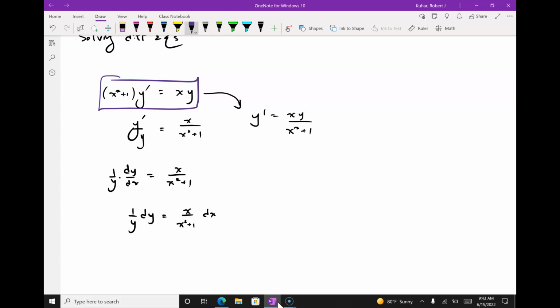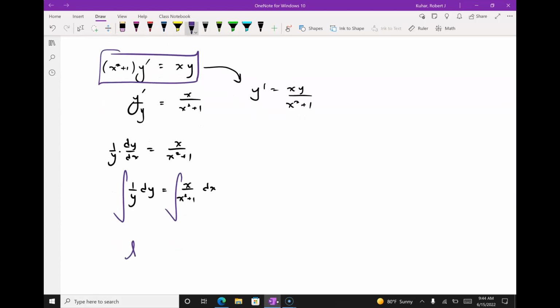And then once I get there, I'm integrating, right? So ln of the absolute value of y, and on this other one I have a u sub, right? So I get 1/2 of the ln of x squared plus 1.